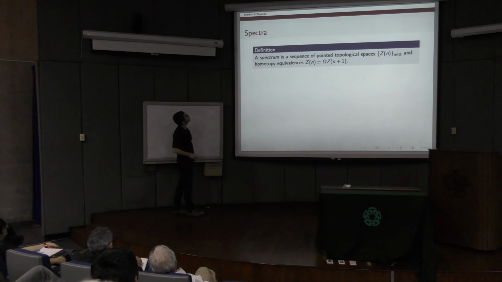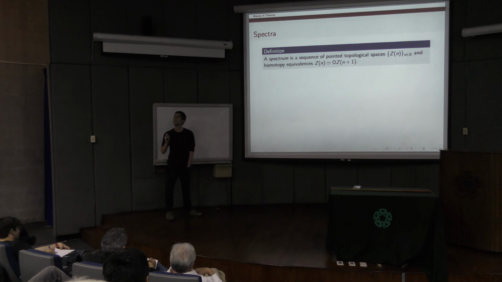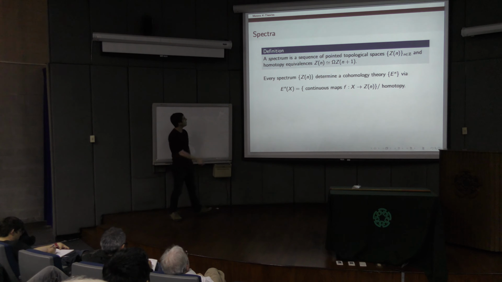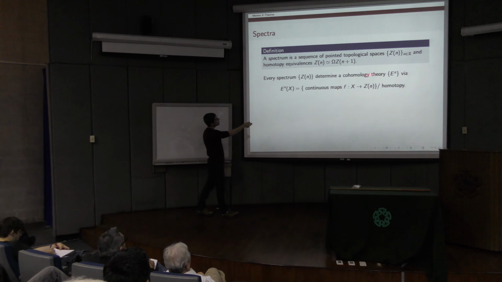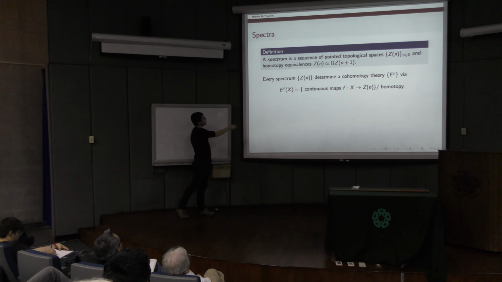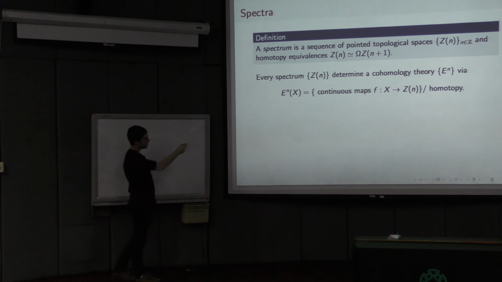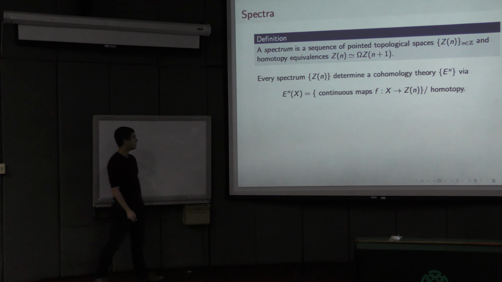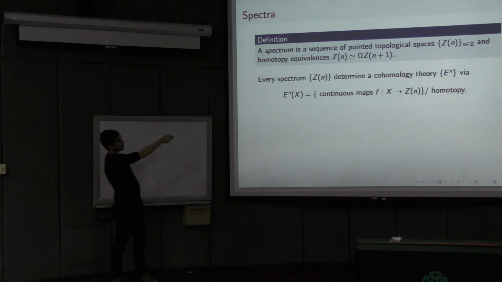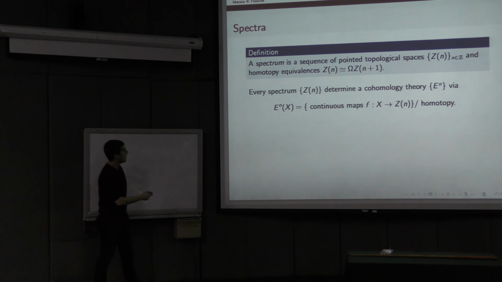So a spectrum is a sequence of pointed topological spaces, each homotopy equivalent to the loop space on the next. And the point of this definition is that En of X is, as described before, the collection of continuous maps from X into Zn modulo homotopy.